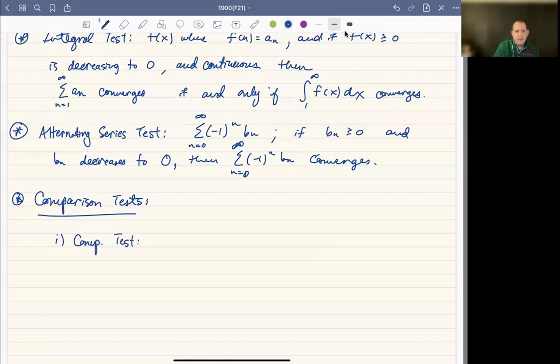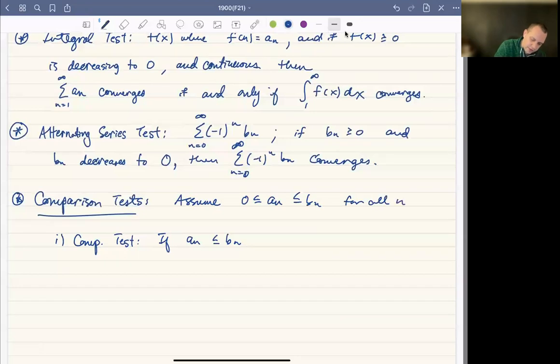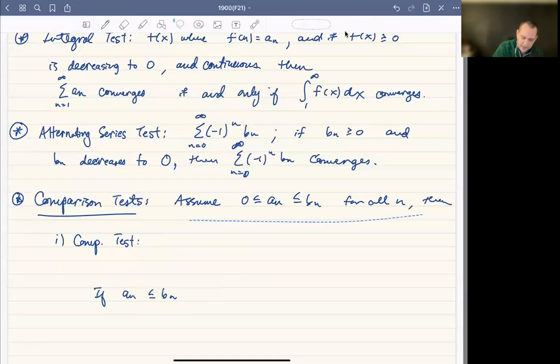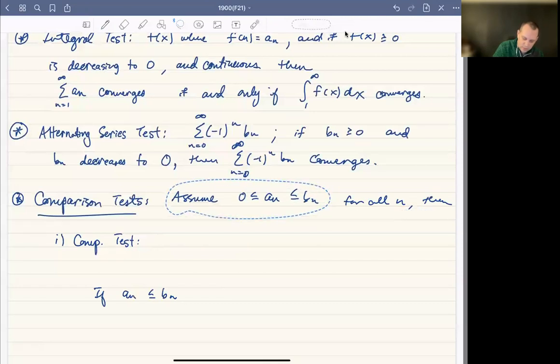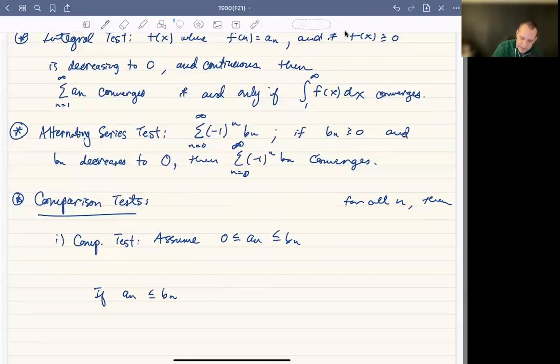The comparison test said that if a_n is less than or equal to b_n for all n. I'm going to write it up there. Then this is organized terribly. Let me fix that. So assume a_n is less than or equal to b_n for all n.